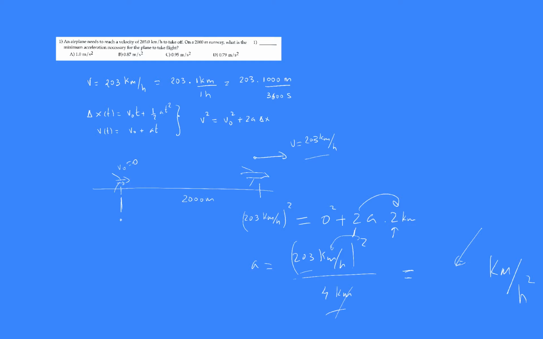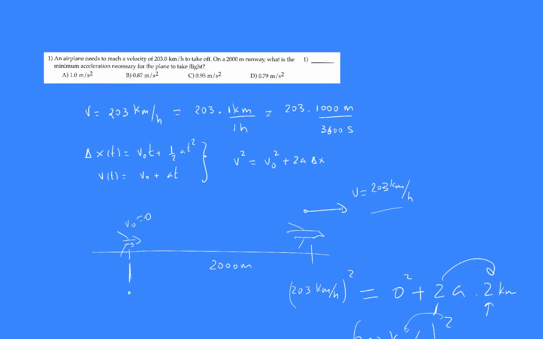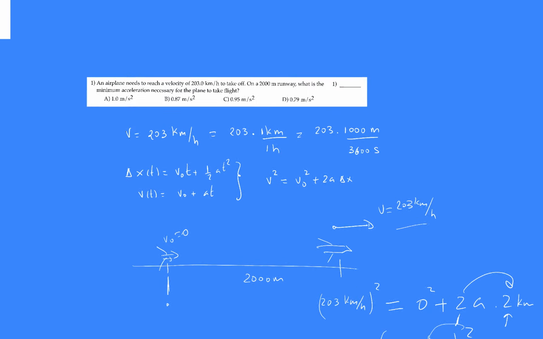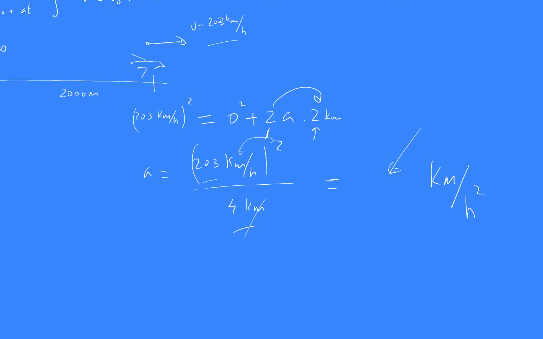Now they don't give kilometers per hour squared as a possible option. So you need to convert these units, whatever 203 is, to meters per second squared.